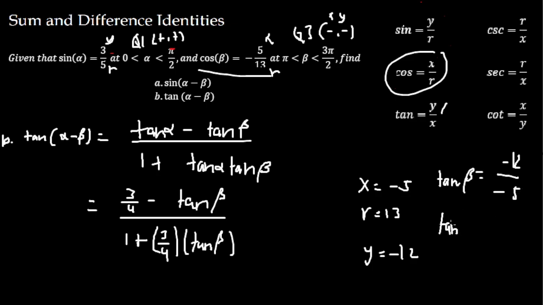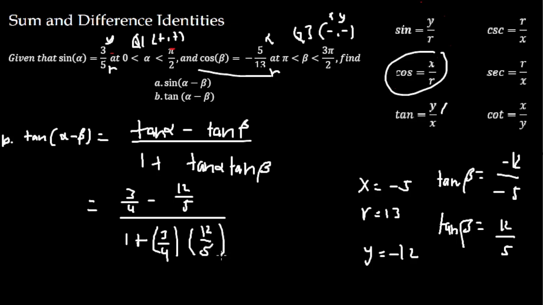Tangent of beta is equal to 12 over 5. So we just substitute it. It's 12 over 5.